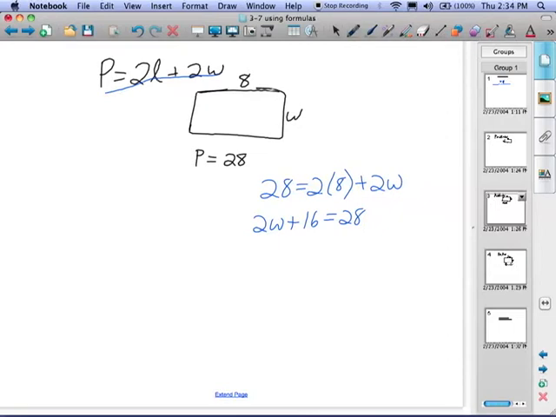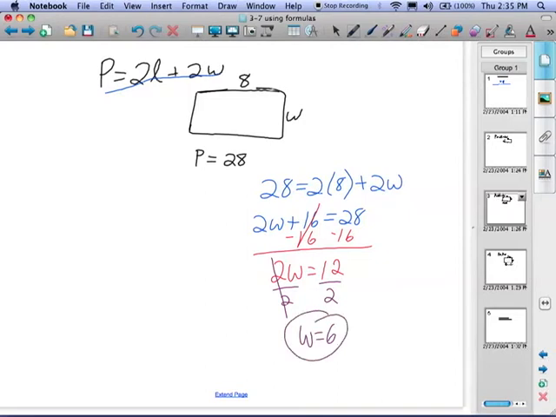Back to solving two-step equations. We're going to subtract the 16 from both sides to get rid of it. Being such advanced math students, the 16s cancel each other out. 28 minus 16 is 12. Now we divide both sides by 2. The 2's cancel out on the left. And we find the width is 6 units.